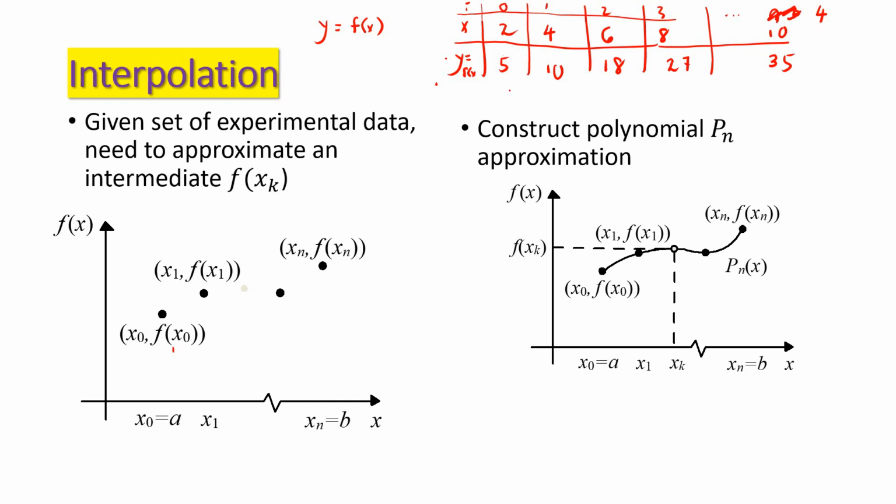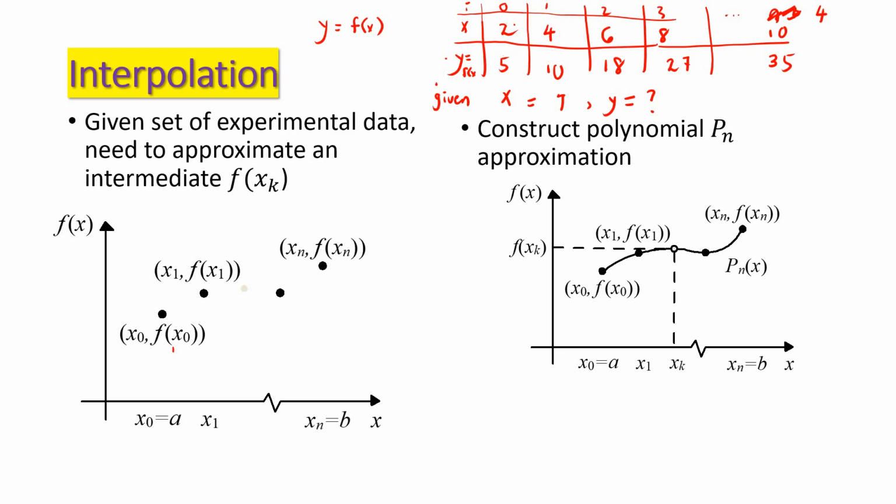Now, let's say given x equal to 7, you want to estimate what is the value of y. You couldn't read directly from your table because the table doesn't have the value when x is 7.